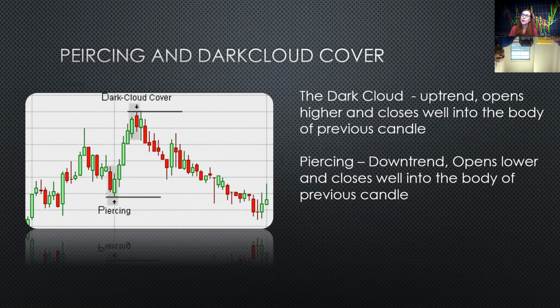So the piercing is going to open below the candlestick prior, and it's going to close somewhere in the body. Usually you want it to take out at least half of the candlestick, and that will signify it's going to reverse to the upside.